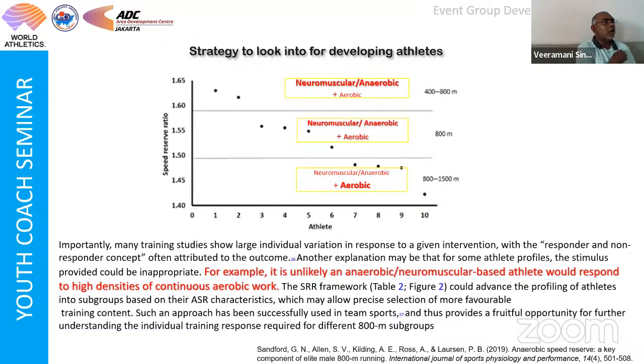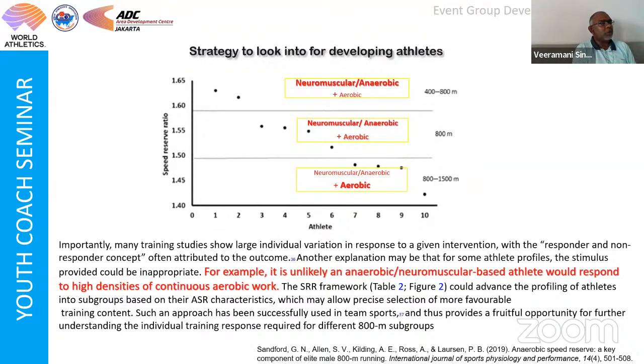So your aerobic work has to come from a different perspective, a different way of doing it. The same goes for athletes like the 1500 meter guys who have high aerobic support. Of course, they do need the neuromuscular and aerobic parts of training to be involved.